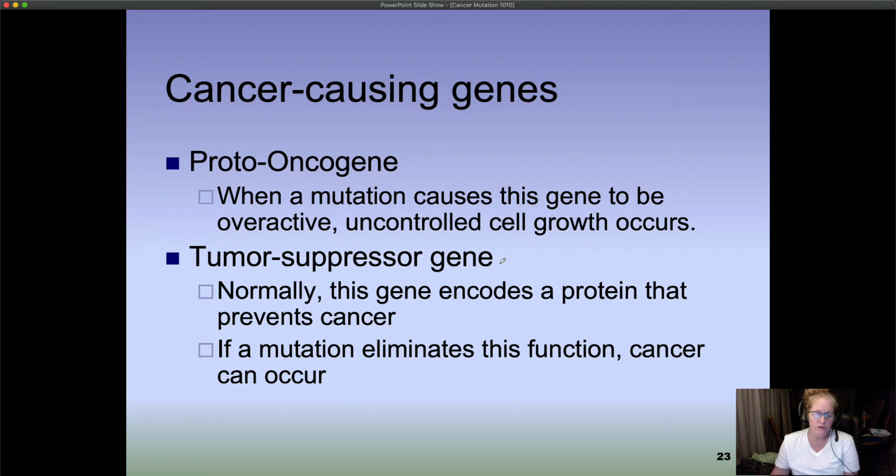Now, tumor suppressor genes are kind of the opposite. Tumor suppressor genes are always on, and they are part of the regulation of cell growth. These genes are usually turned on, and they force cells to keep some personal space, for lack of a better term, keeping them in line so that they don't grow really close together.